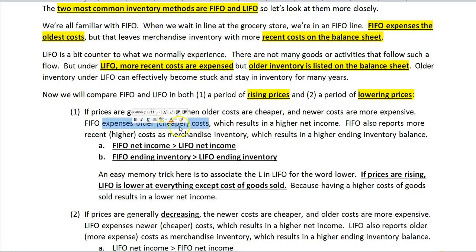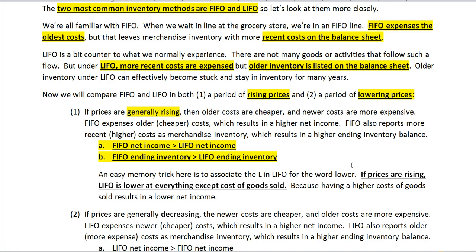So as we expense less, our income is higher. FIFO also reports more recent higher cost as merchandise inventory, which results in a higher ending inventory balance. So if prices are generally rising, FIFO produces a higher net income than LIFO, and FIFO produces a higher ending inventory balance on the balance sheet than LIFO does.